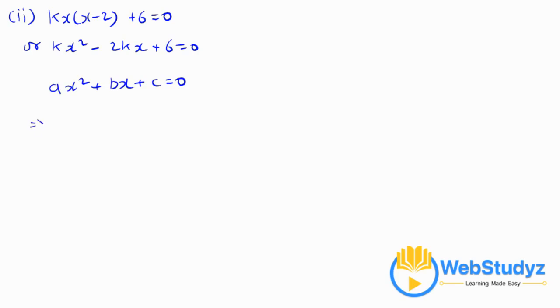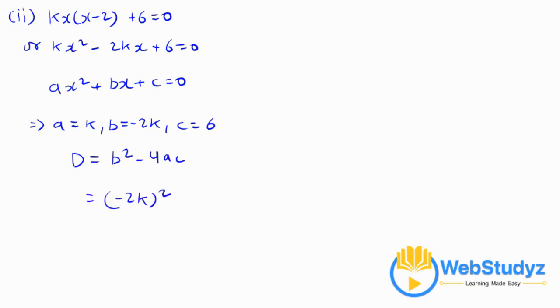So from this comparison, we get the value of a as k, and value of b as minus 2k, and value of c as 6. So let's calculate the determinant, which is b square minus 4ac. Putting values here, we get minus 2k whole square minus 4 into k into 6. This will give us 4k square minus 24k.